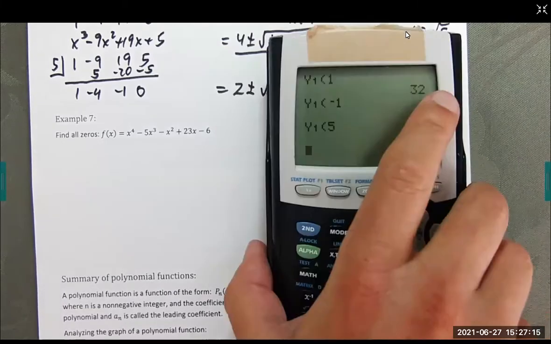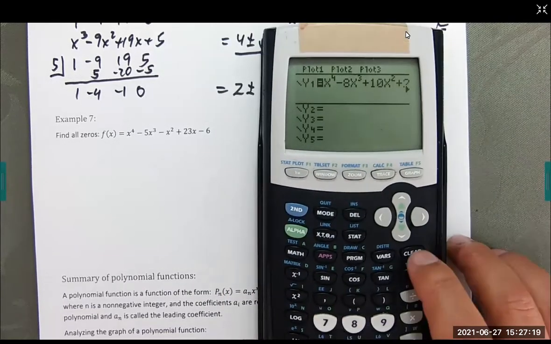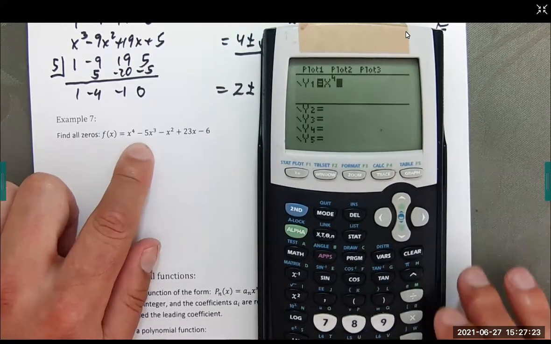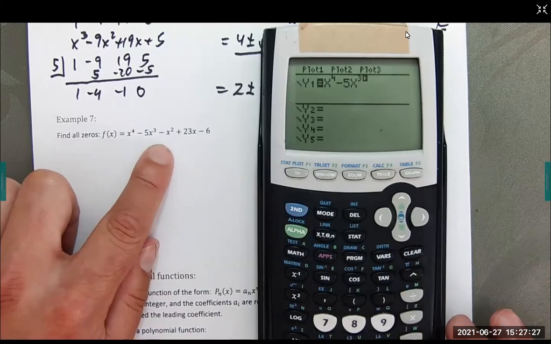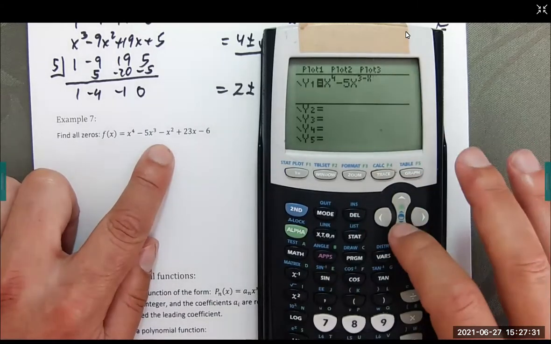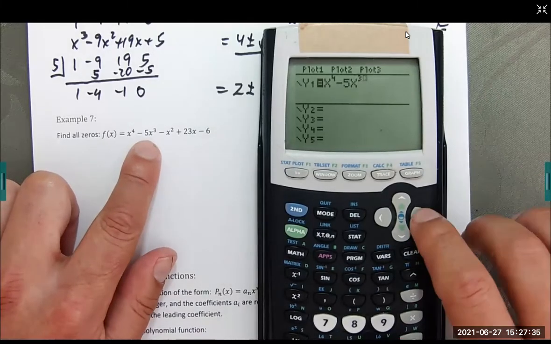So let's try this again. I'm going to go in, clear that. So x raised to the 4th power minus 5x raised to the 3rd power minus x squared plus 23x minus 6. I have to remember to hit right on my calculator when I do this.